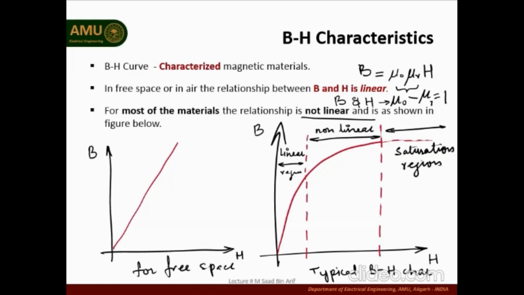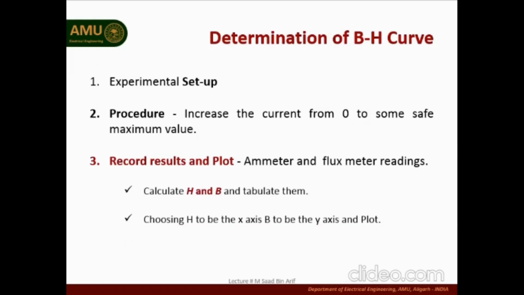For determining the BH curve or BH characteristic of a magnetic material, let us have an experiment demonstration for this. In order to obtain the characteristic, this is a very simple experiment. First, we will see the experimental setup.